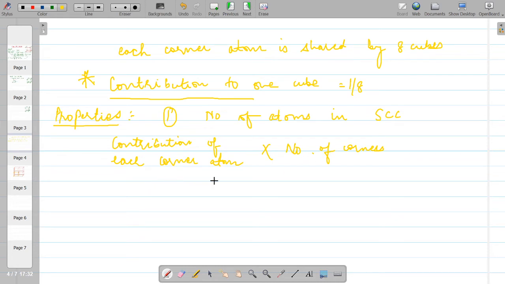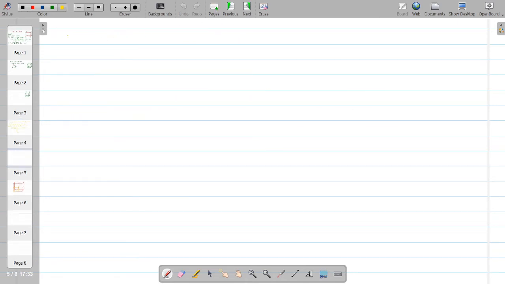So the contribution is 1 by 8, and there are 8 corner atoms. So the total number of atoms in the simple cubic structure is 1. This is the most important result that one should know, that the number of atoms in the simple cubic structure is 1. Now let's proceed to the second property, that is the coordination number.